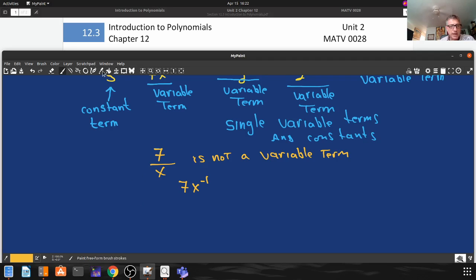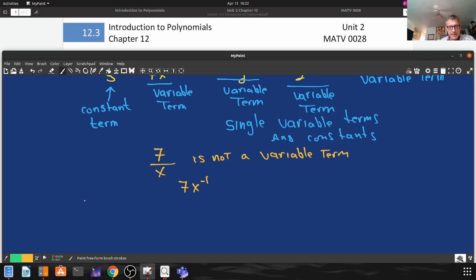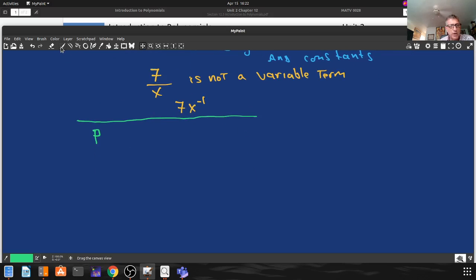So now let's look at our next definition. This is a very important definition, and it's a really easy definition. And guess what? The definition is going to use the very concept I just reminded you of.